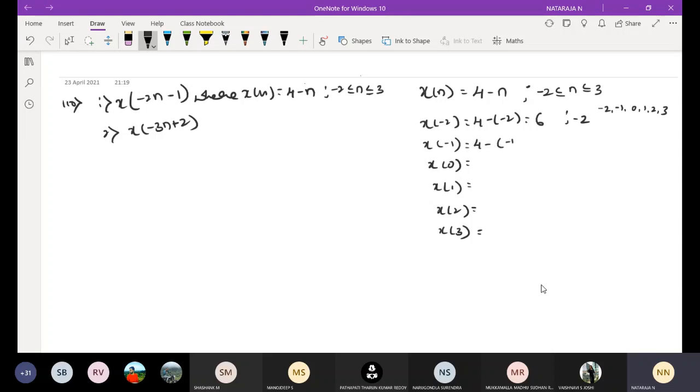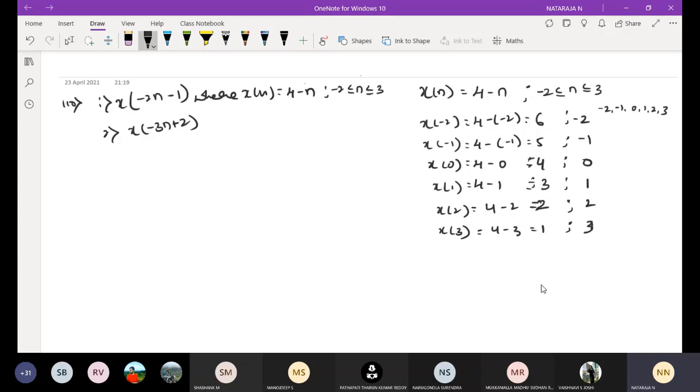Then 4 minus of minus 1, you will get 5 at minus 1. 4 minus 0 is equal to 4 at 0. 4 minus 1, value 3 at 1. 4 minus 2, you will get 2 at time slot 2. 4 minus 3, you will get 1 at time slot 3. This is the signal we got.